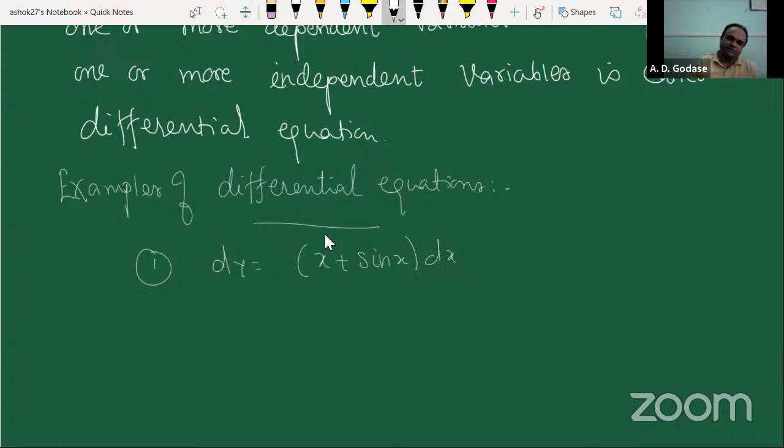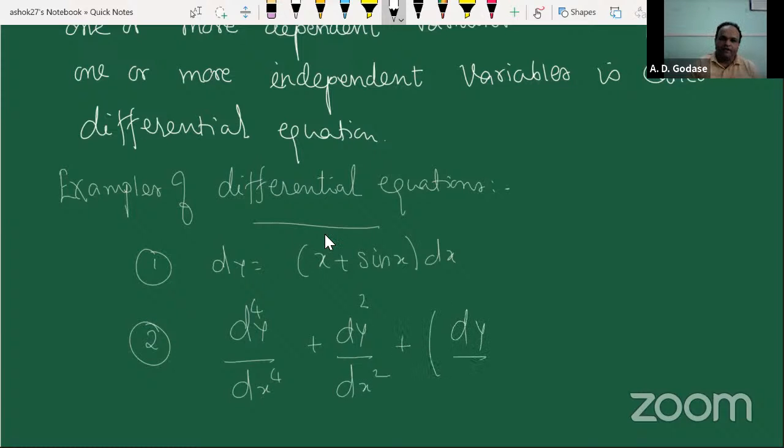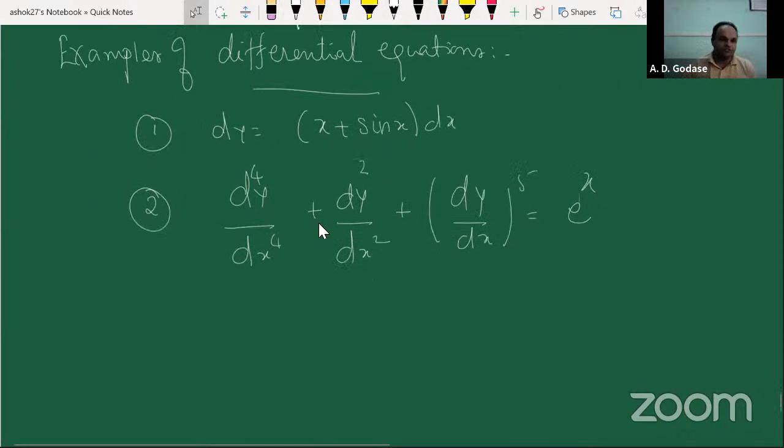It is an example of a differential equation because it contains differentials. Second, the derivative of y with respect to x, plus the second order derivative of y with respect to x, plus dy by dx to the power 5, equal to e raised to x. That is another example of a differential equation.